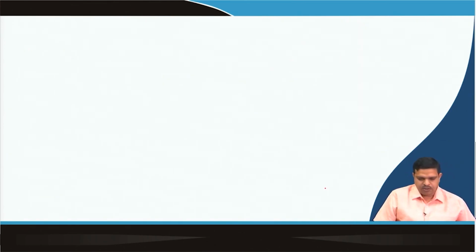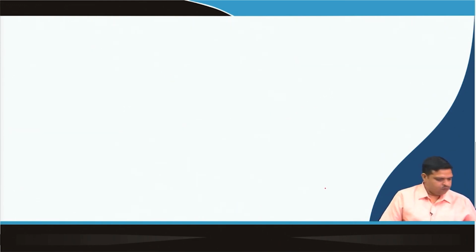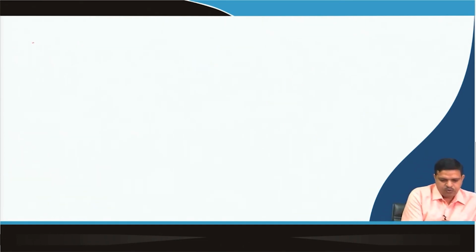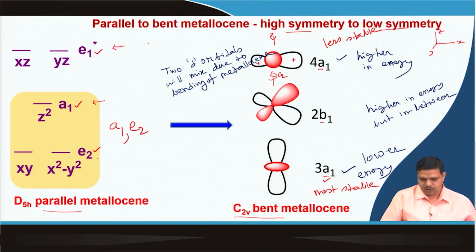Now, we will try to understand with some specific examples. Here I will just point out some of the important criteria that will be needed for my future discussion. You will see 4A1 and 2B1.